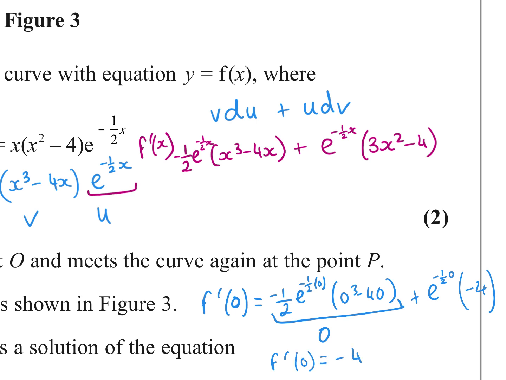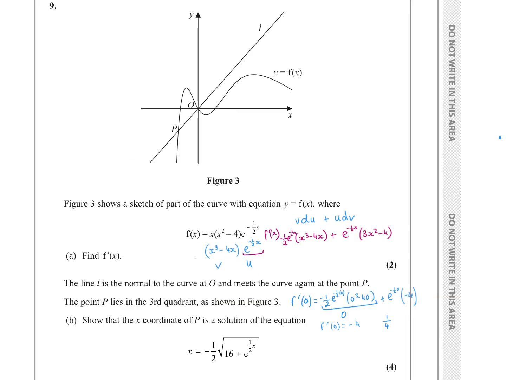Okay, so the normal to this is? 1 over 4. A quarter. Brilliant. So the equation of the normal is y equals a quarter x. And because it passes through the origin, plus c is just 0. So now, to find the coordinates of P, we can set up simultaneous equations.